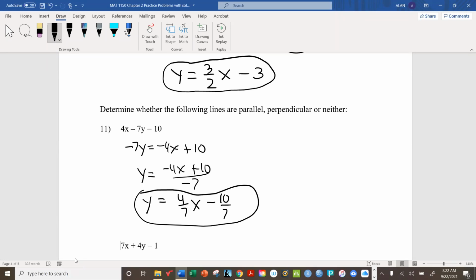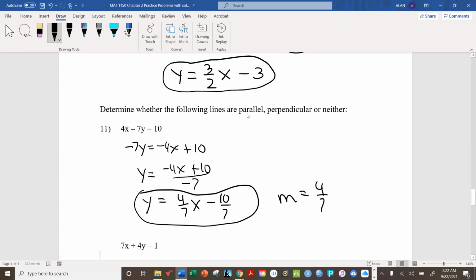So again, I just subtracted 4x from both sides, and then I divided both sides by negative 7 because I want y to be all by itself on the left-hand side. And then when I see the coefficient of x, I have my slope. Let's write it like this: m equals 4 over 7.